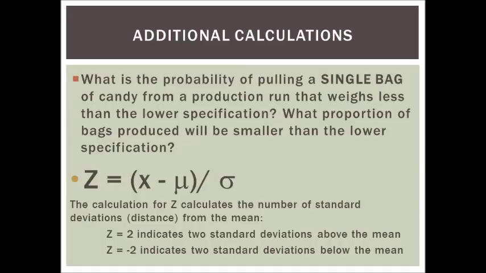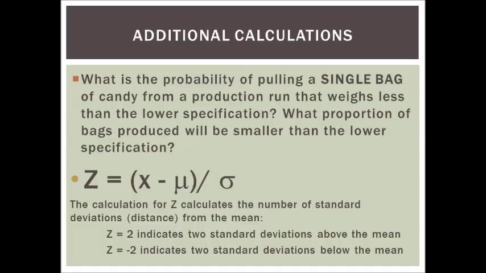So for instance, a z of 2 would be 2 standard deviations above the mean, or above the average. A z of negative 2 would be 2 standard deviations below the mean.